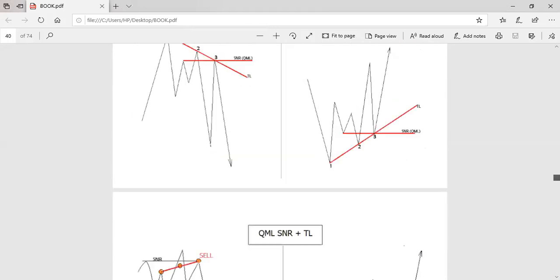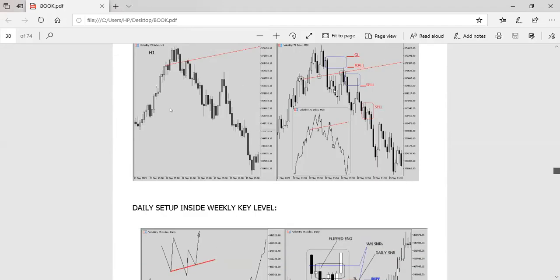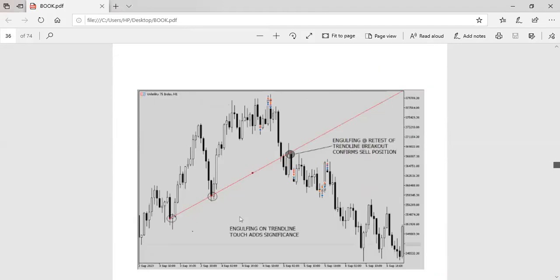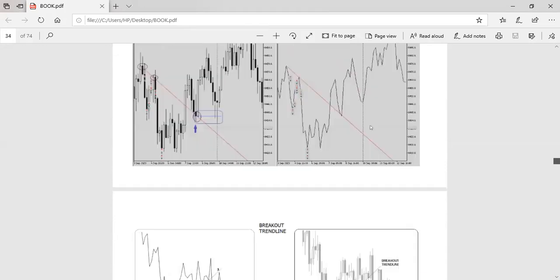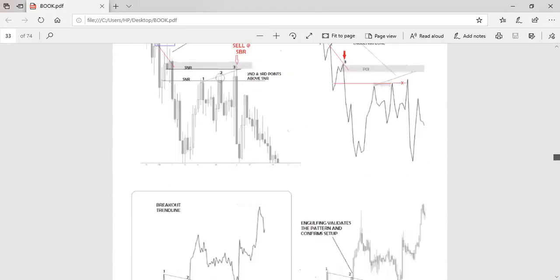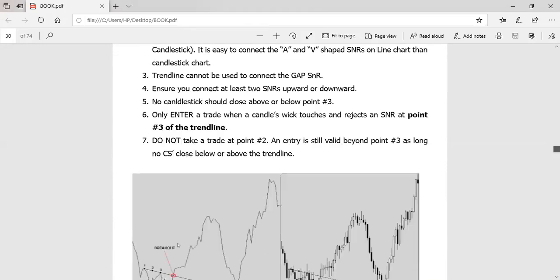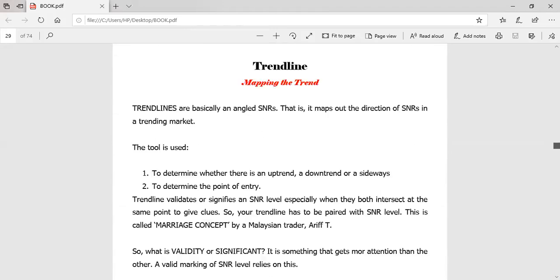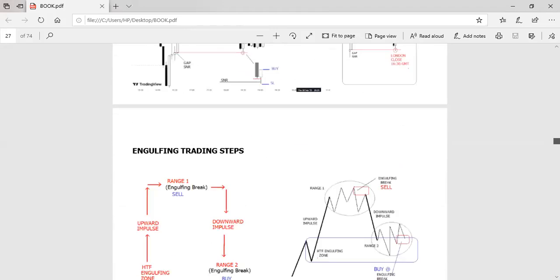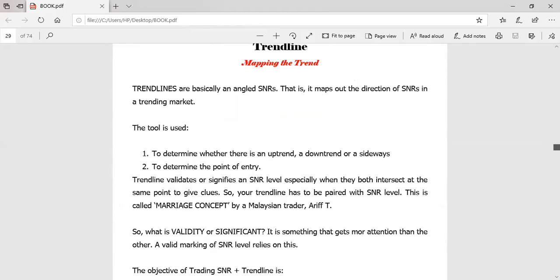So we look at the uses of trend line. What are the uses of trend line? Yeah. So the tool, the first use is that we use it to determine whether there's an uptrend, a downtrend, or a sideway.